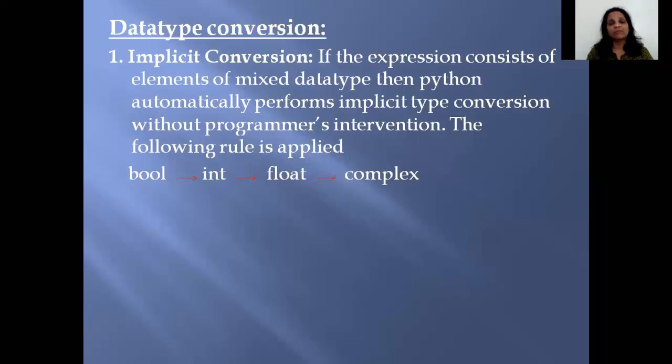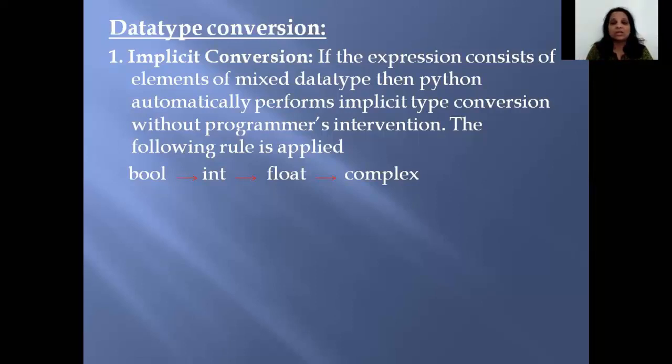And Python performs two kinds of data type conversion. One is called the implicit conversion and one is called the explicit conversion. Now, when does implicit conversion take place? If you have an expression which has data of two types involved, so if you're adding two numbers, one is an int and one is a float, so they are of two different types.